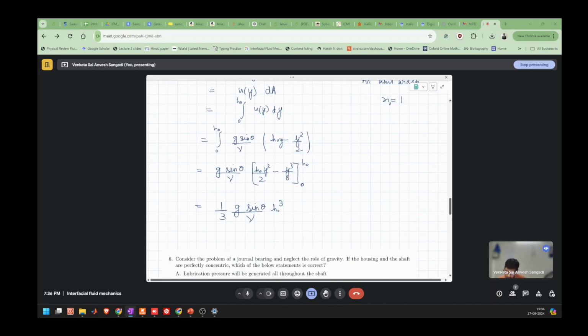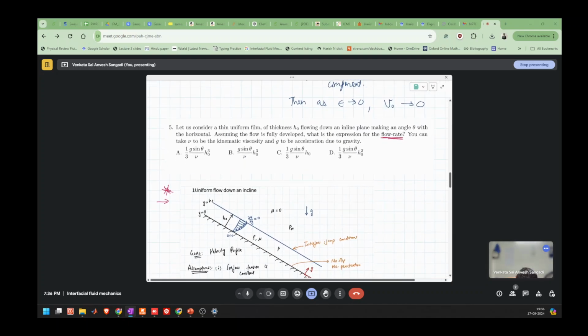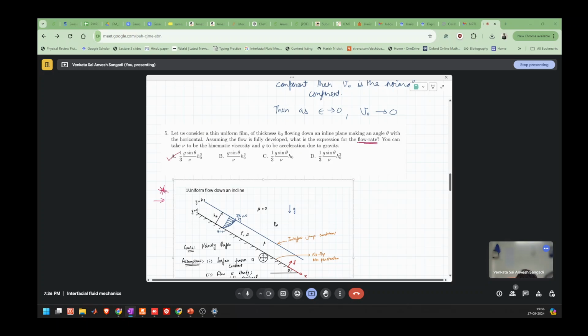So 1 by 3 g sine theta nu h naught cube. So the correct option will be A, which is volume flow rate Q equals 1 by 3 g sine theta by nu h naught cube.